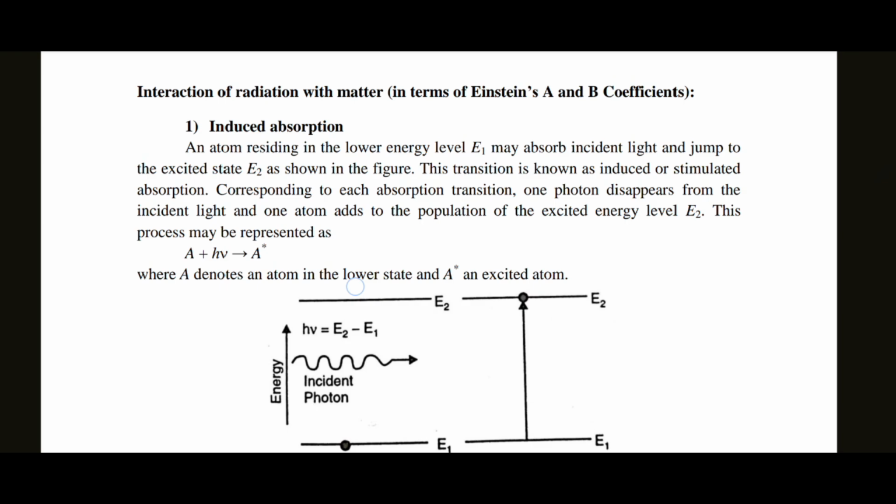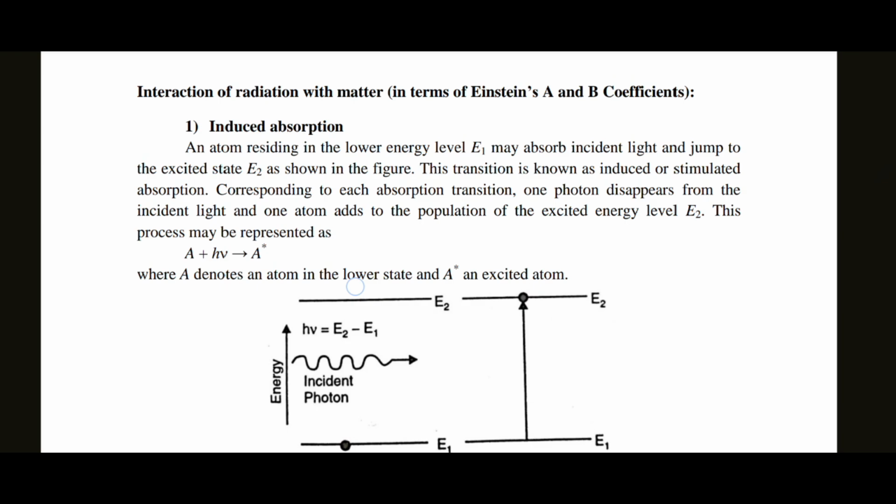This process may be represented as A plus h nu gives A star, which means an atom residing in the lower energy level absorbs the incident light and jumps to the excited state E2. Corresponding to each absorption, one photon disappears from the incident light and one atom adds to the population of the excited energy level E2.